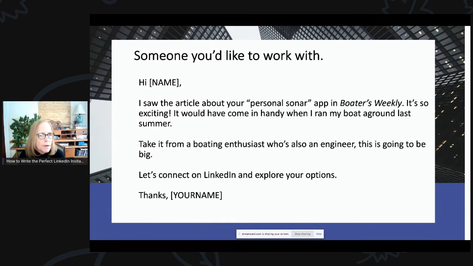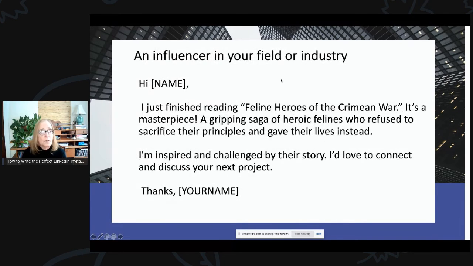And if you want to find those articles, folks, look in your news feed, because your news feed has all the stuff that your connections are posting and all the people that you're following. So you're going to find a way to connect with them, and then talk about connecting and discussing options.